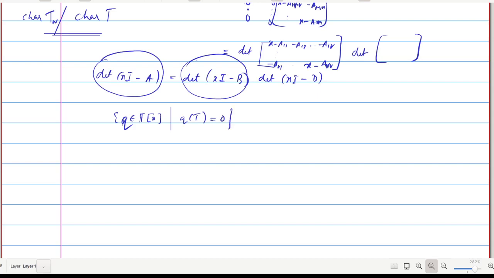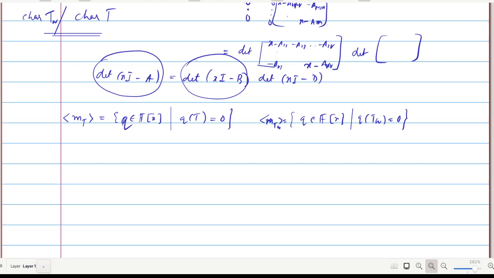These are the annihilating polynomials for t, and we consider the other set, the set of all q belonging to f of x such that q of tw is also 0. The generator of the first set is the minimal polynomial for t, and the generator of the second is the minimal polynomial for tw.